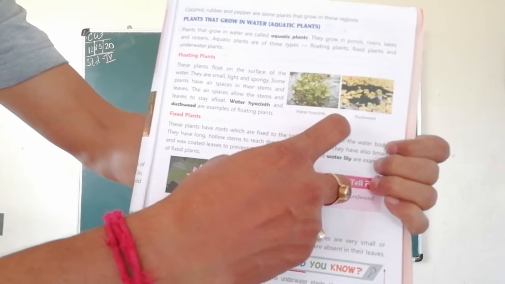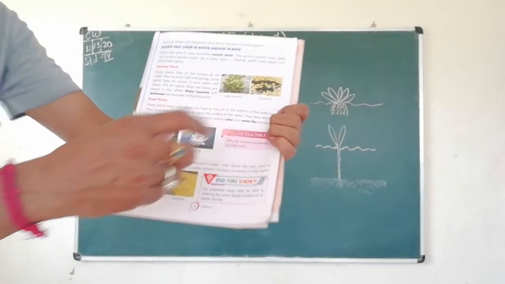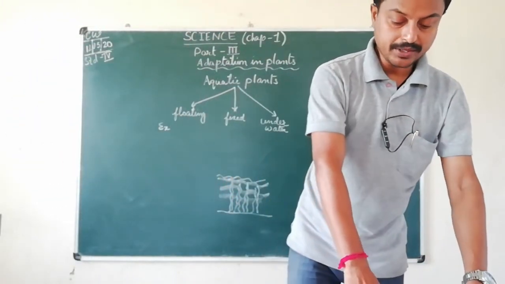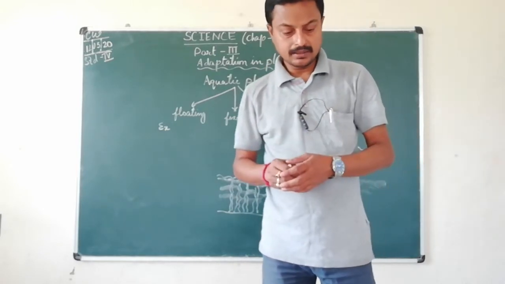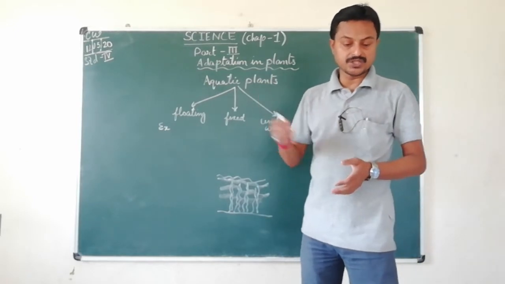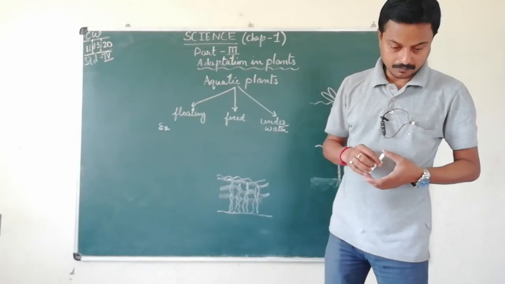Now if you want to see or know more about these types of plants or want to see a better picture, you may refer to Google, type over there the name of the plant and go to the image section. You will see more pictures, good quality pictures over there, and you will understand it.